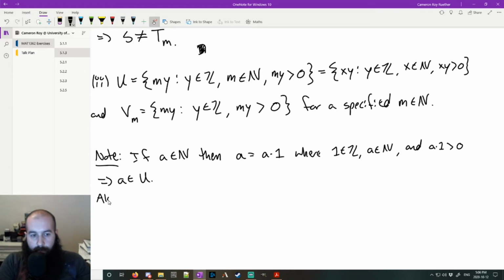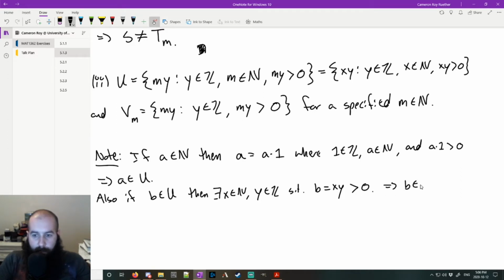And then also, if b is in U, then it satisfies the conditions to be in U. So there exists x, which is natural, y, which is an integer, such that b is equal to xy, and xy is greater than 0. But if b is strictly greater than 0, this means that b is natural.